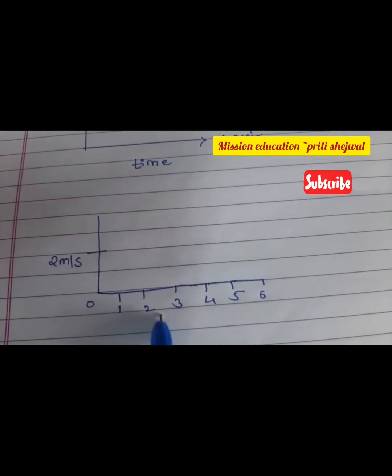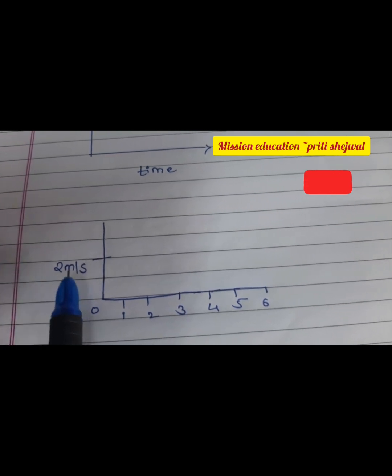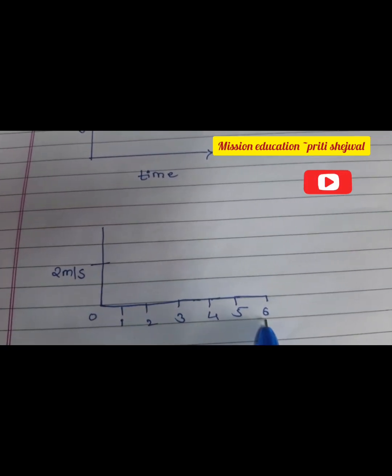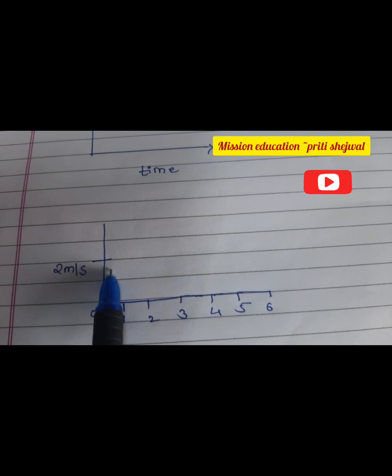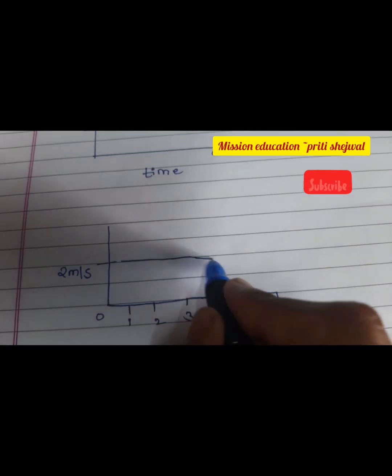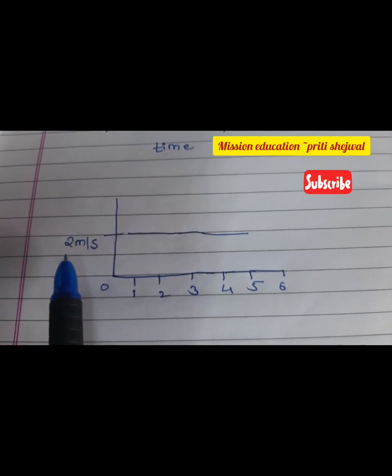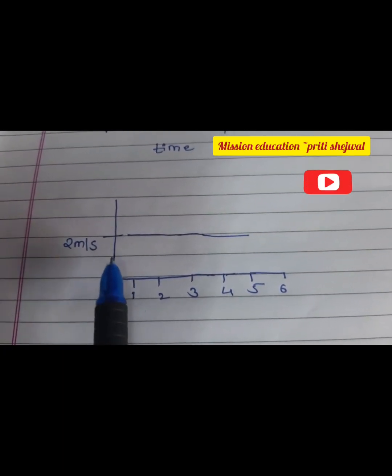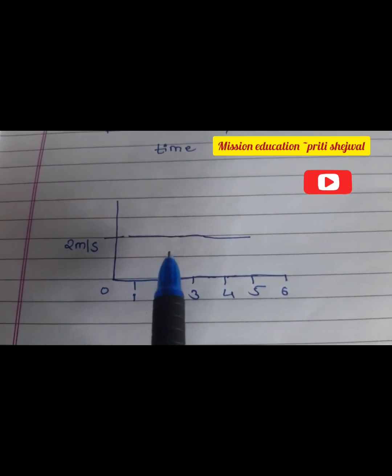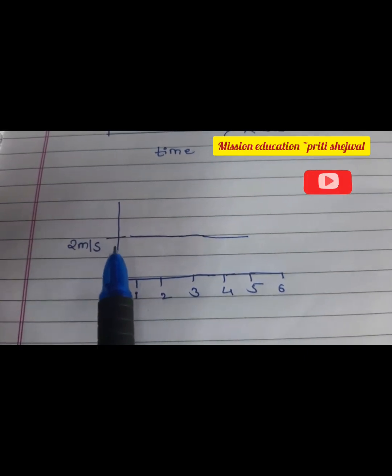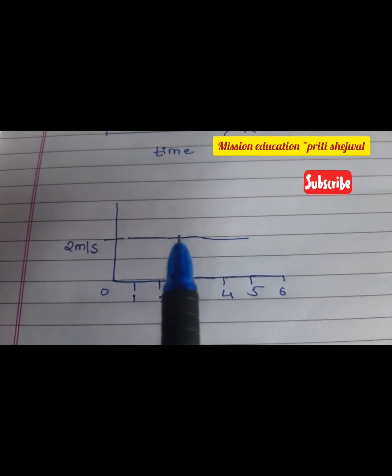Then next second the velocity is again 2 meter per second. Same till 6 it goes on. So here the velocity is constant. So when velocity is not changed, then from where do we get acceleration? This graph is called zero acceleration. The VT graph slope gives us acceleration.